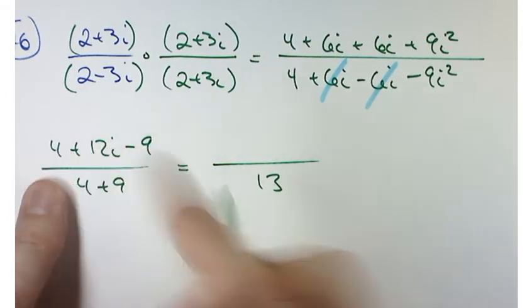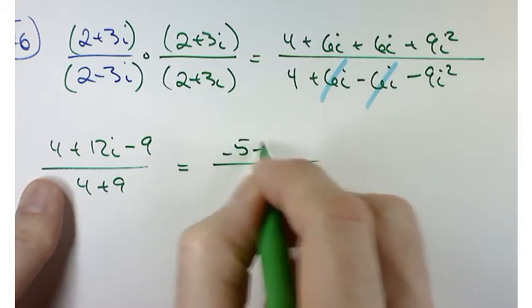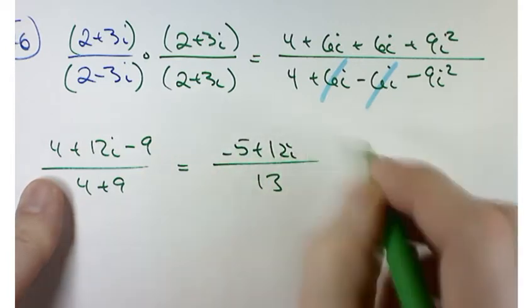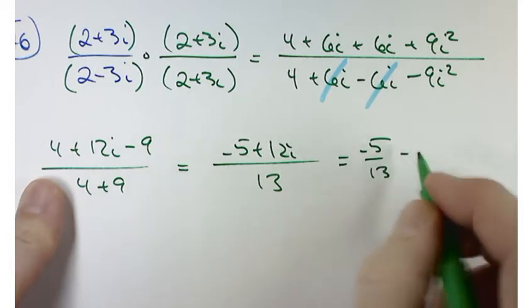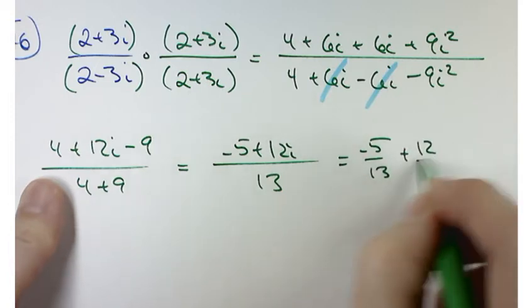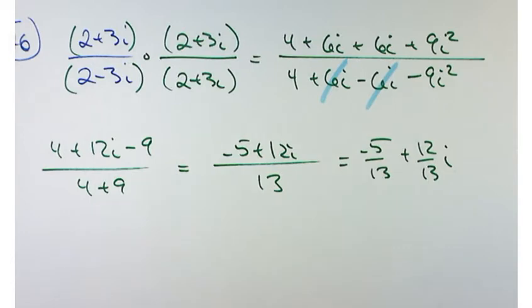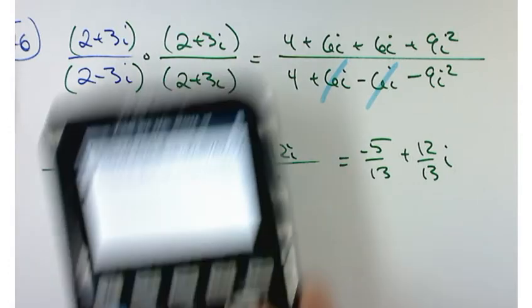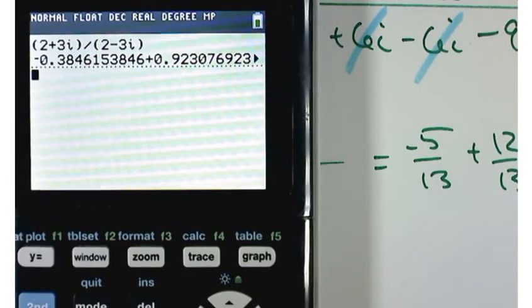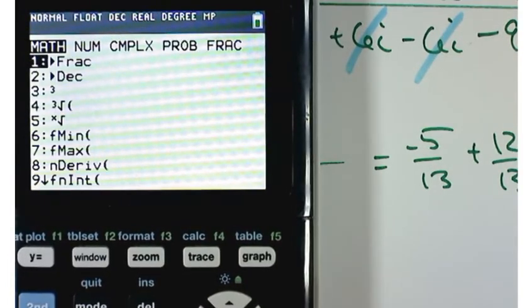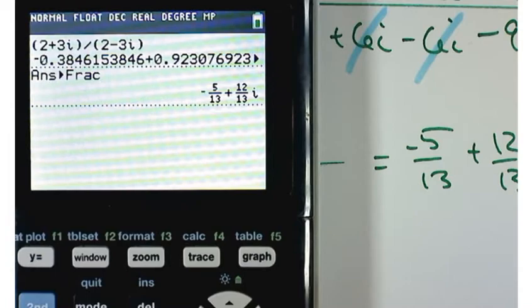In the numerator I get negative 5 plus 12i, or negative 5 over 13 plus 12 over 13 times i. Again, this is something you can check on your calculator. It's nice to know that you got these problems right before you hand them in.